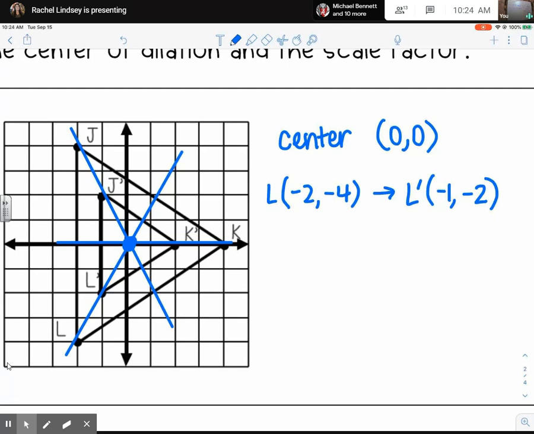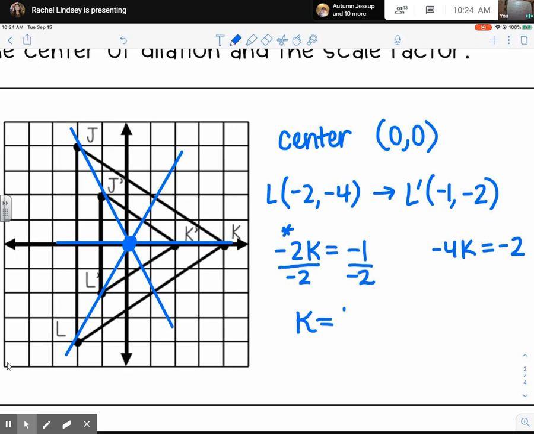If you can't just see it, then you're going to set up an equation. -2 times the scale factor gives you -1. Or you could do -4 times the scale factor gives you -2. I'm going to divide both sides by -2. So what is my scale factor?